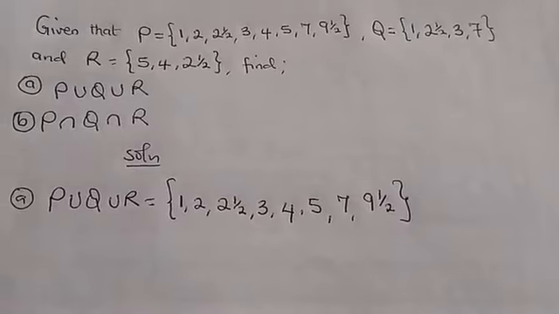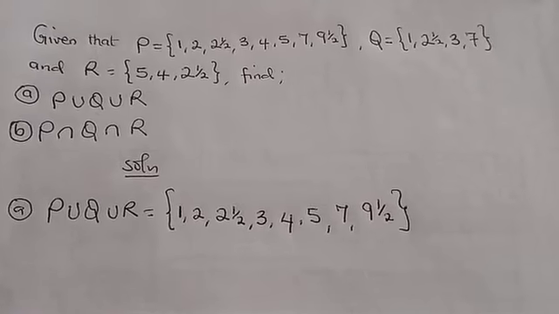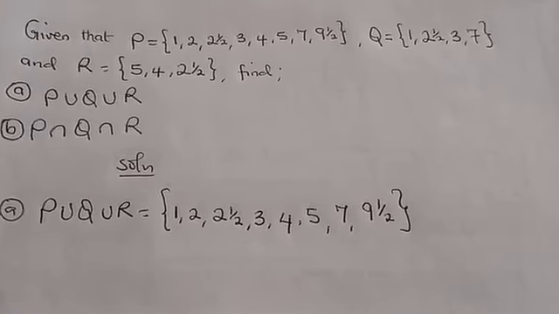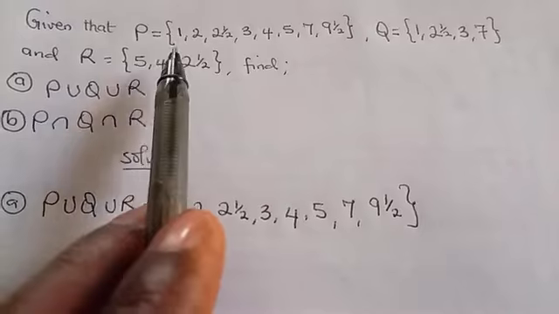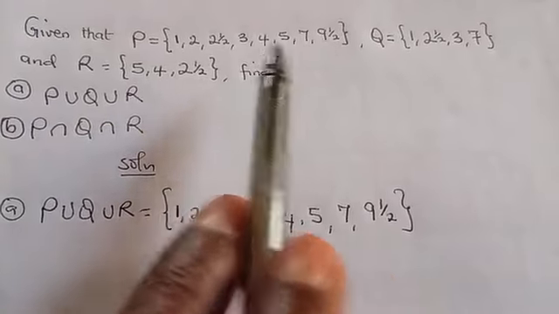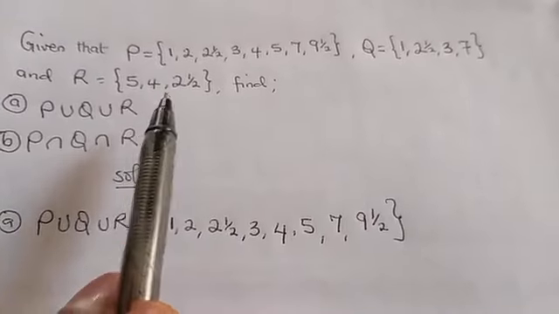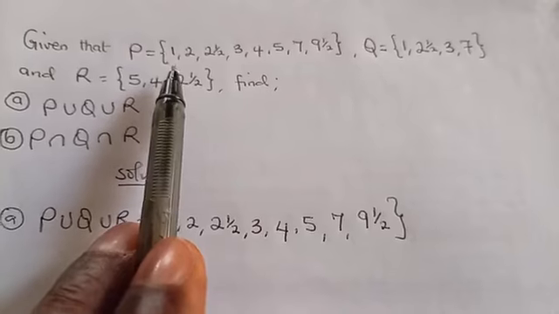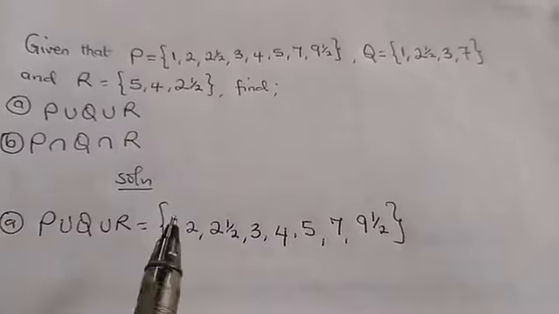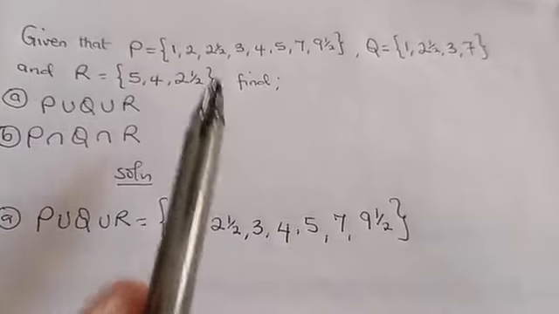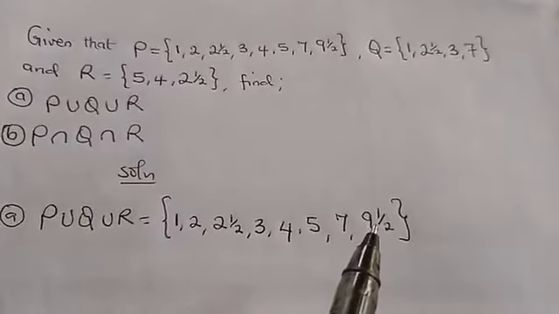So by this, you've successfully listed the elements in the 3 subsets together by first going through the elements in subset P, that of Q, and R. When you check for set P, for instance, we have 1, 2, 2.5, 3, 4, 5, 7, then 9.5.